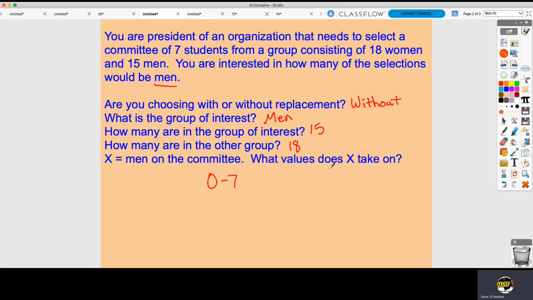What values could X take on? X stands for the number of men on the committee. So there's 7 people on the committee, so it could be up to 7, but it also could be 0. Any questions at all there? All right, are we good to go on? Yeah.